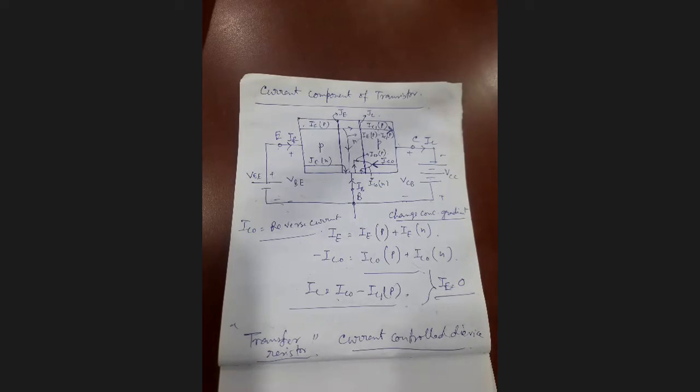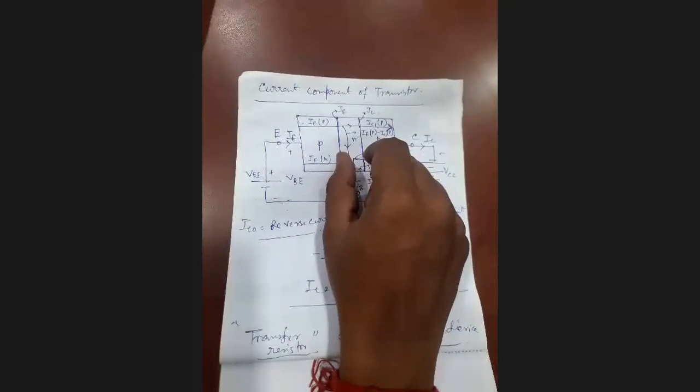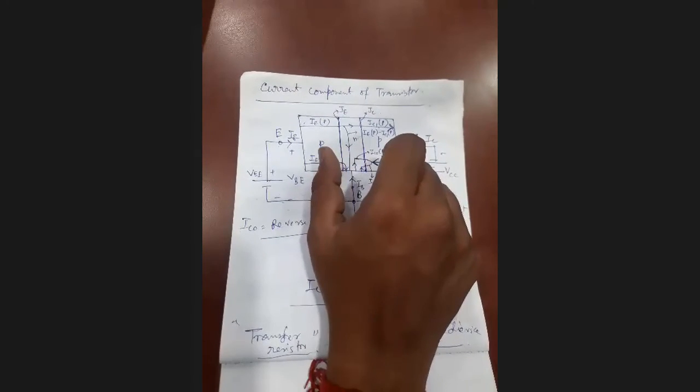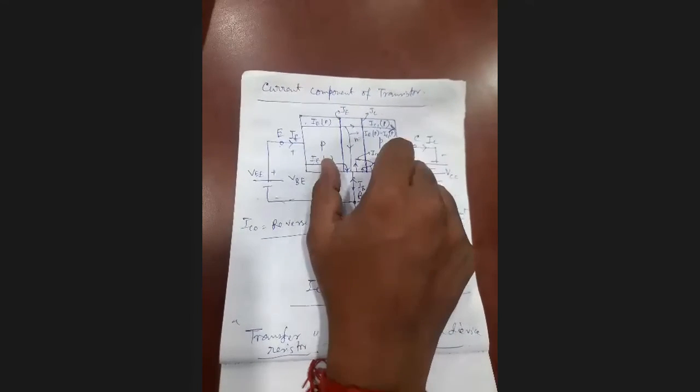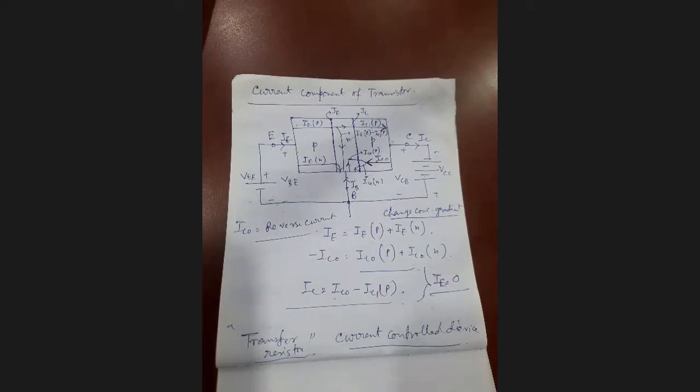For this purpose, if the base region width is the same as the collector and emitter side, what happens? Most of the carriers are diffused or recombined across the base junction, and no current is produced in the output side.